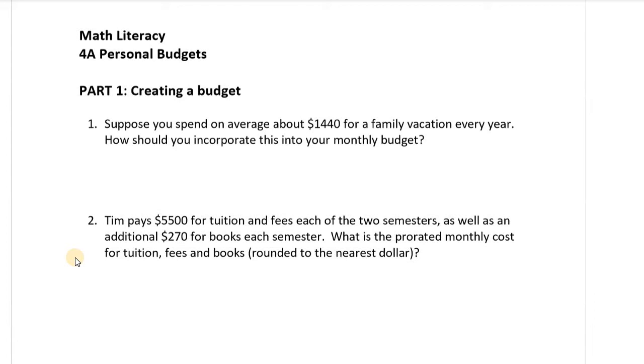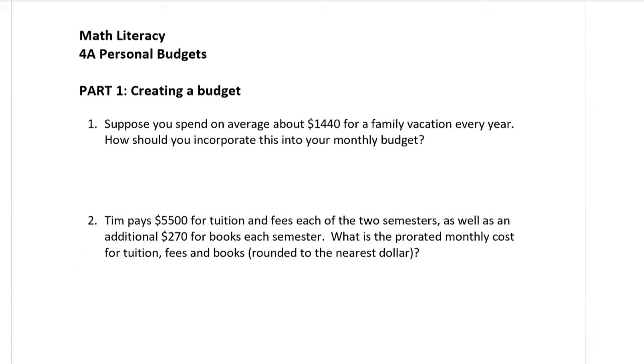Well, first of all, let's talk about why we would want to do that. We don't want to have all of a sudden this $1,400 bill come up when it's time for my vacation. But if we save a little bit every month throughout the year, then we would have all that money there in the bank set aside, ready for us to go when it's time to pay for the vacation.